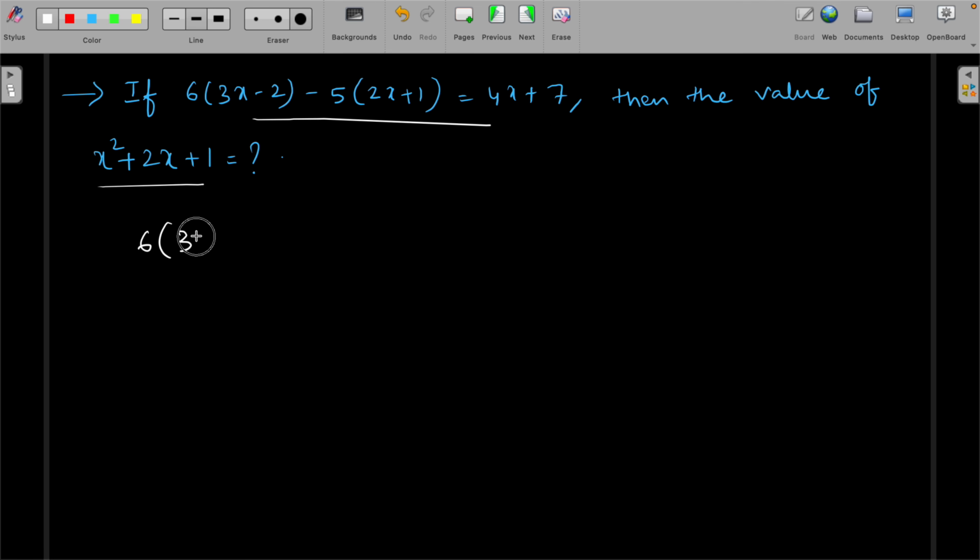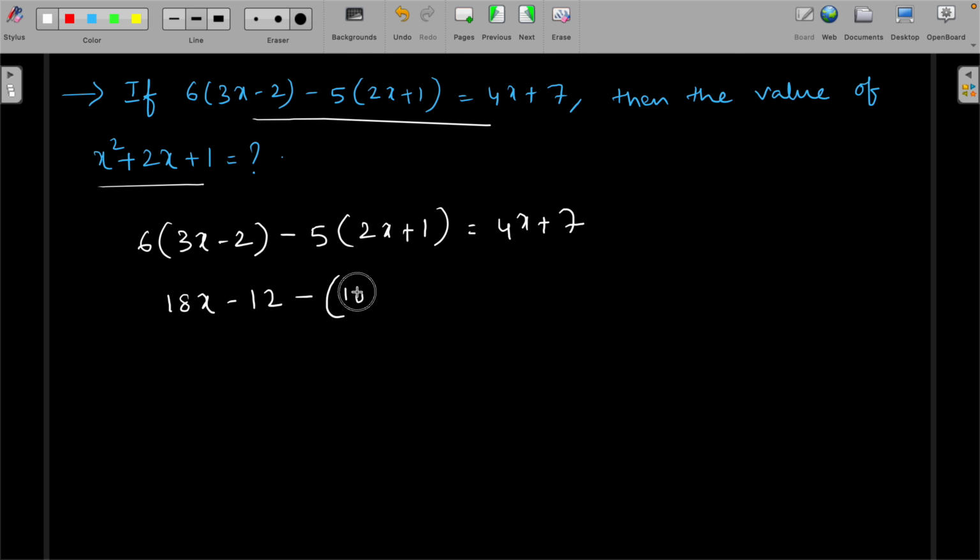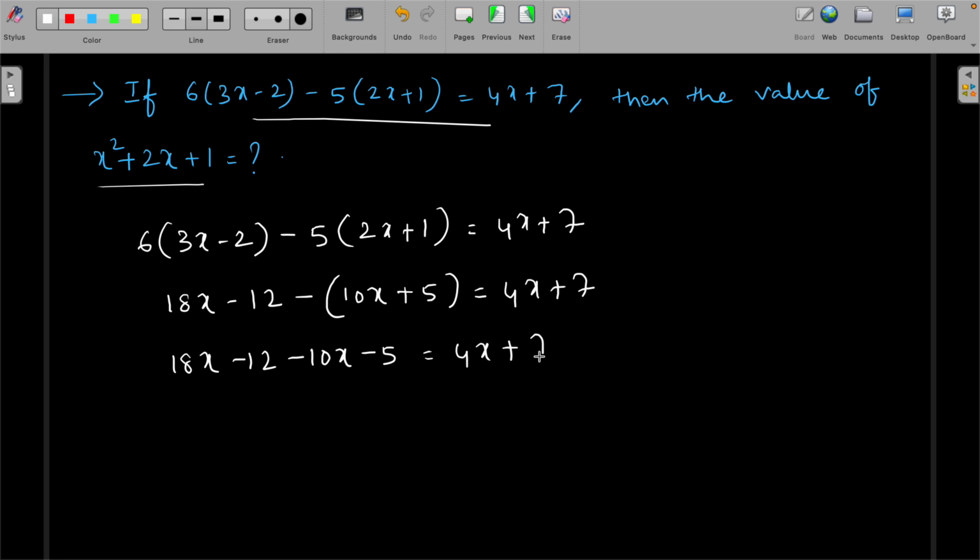6 times (3x minus 2) minus 5 times (2x plus 1) equals 4x plus 7. This will become 18x minus 12 minus 10x minus 5 equals 4x plus 7.